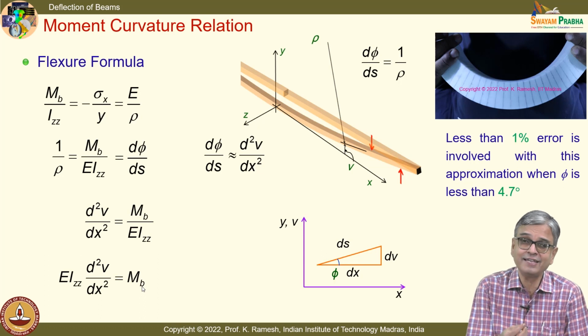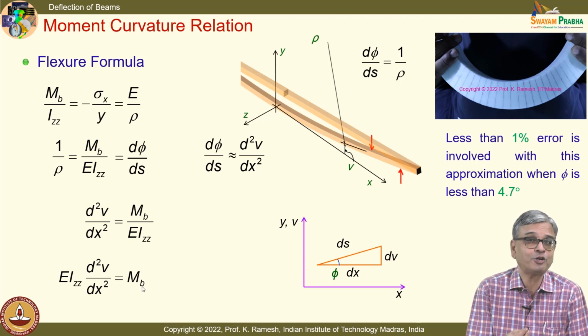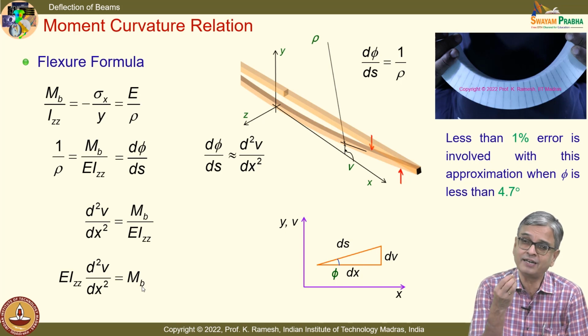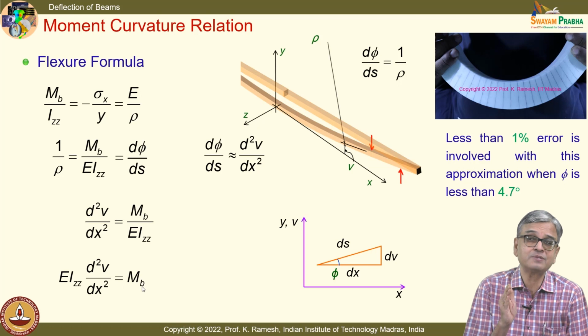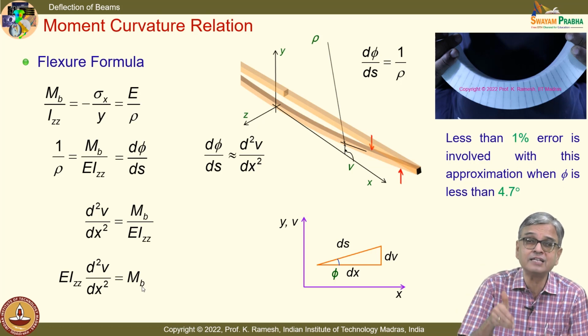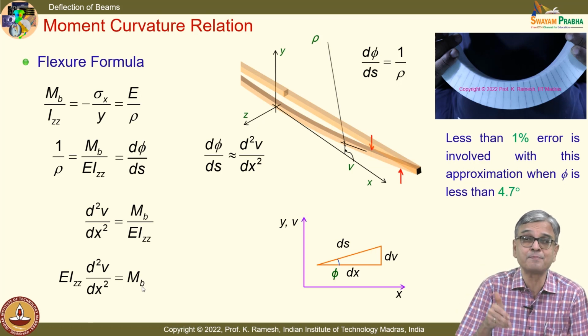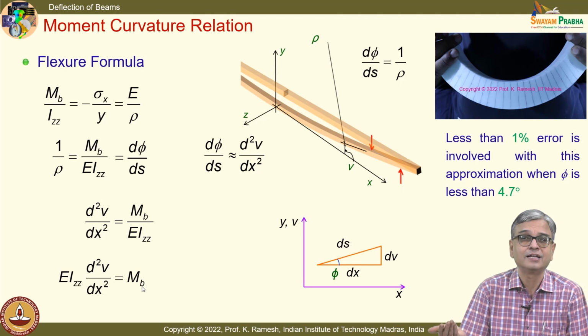We have already seen the shear stress magnitudes are much smaller than bending stress, and provided the beam is slender, you can safely ignore the shear effects. Shear effect becomes significant when the depth is larger and comparable to the length of the beam.